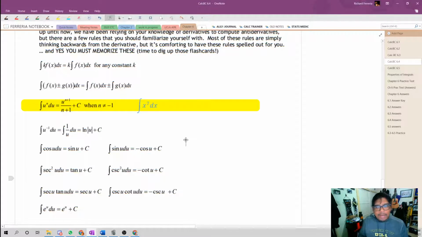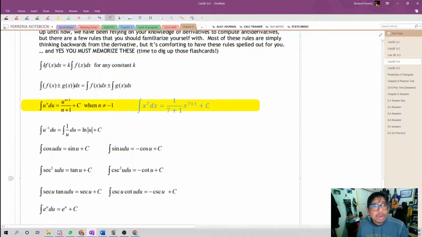If I want to find the integral, the antiderivative of x to the 7th power, first of all, notice that the base of this is the variable, and it's the same variable of integration, x. And then the power is constant. So this is constant power, not an exponential function, a power function.